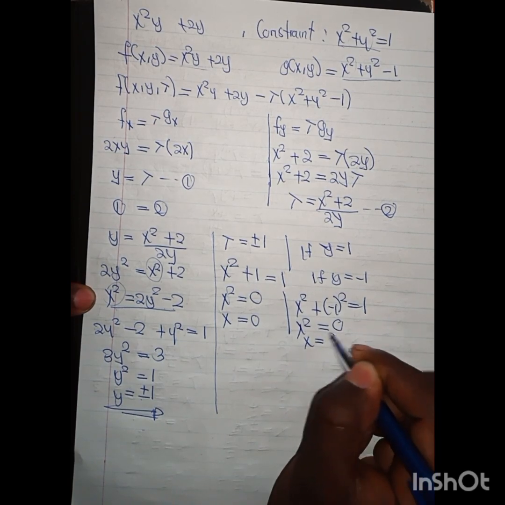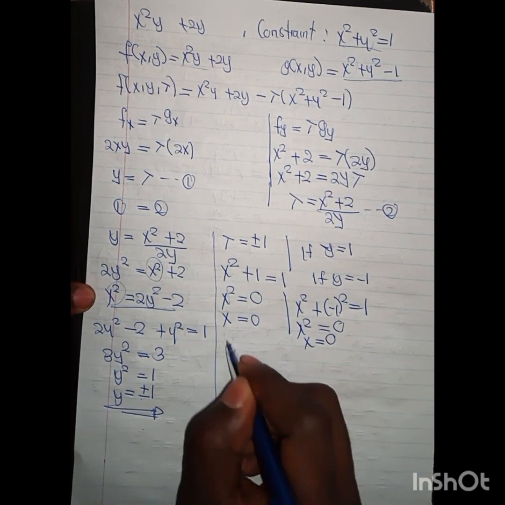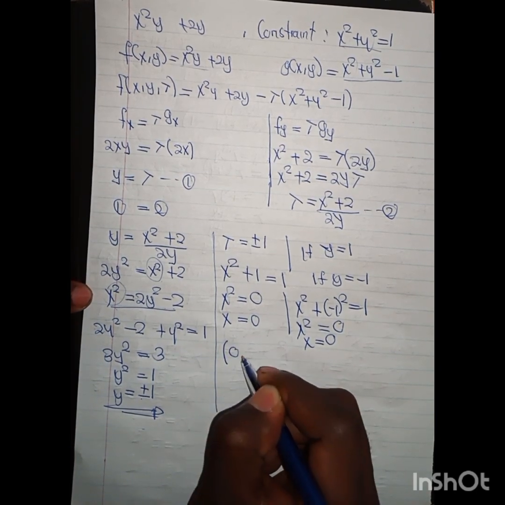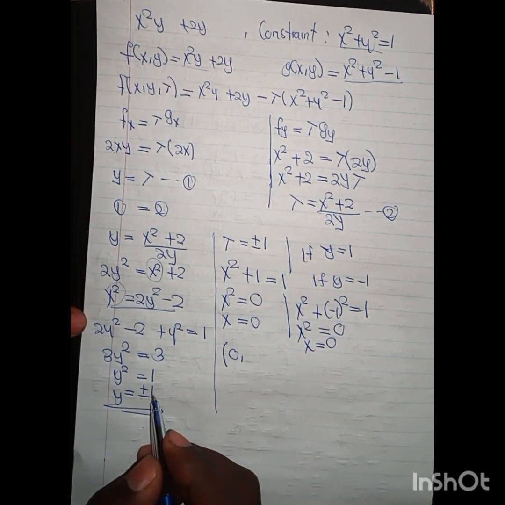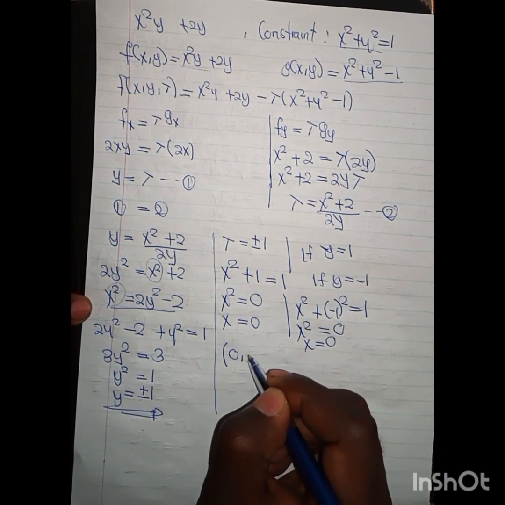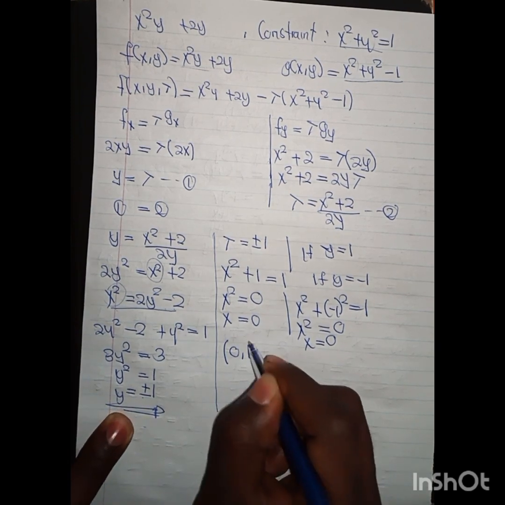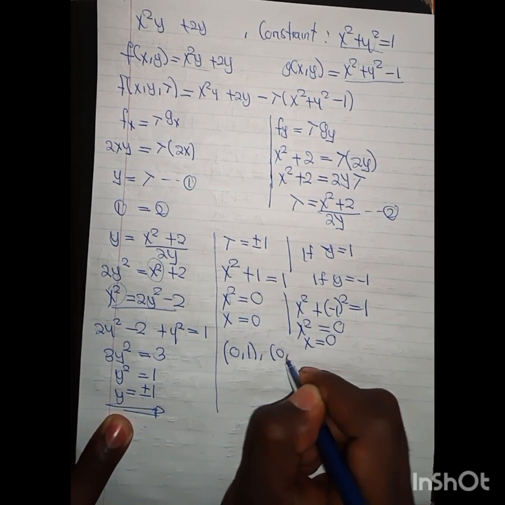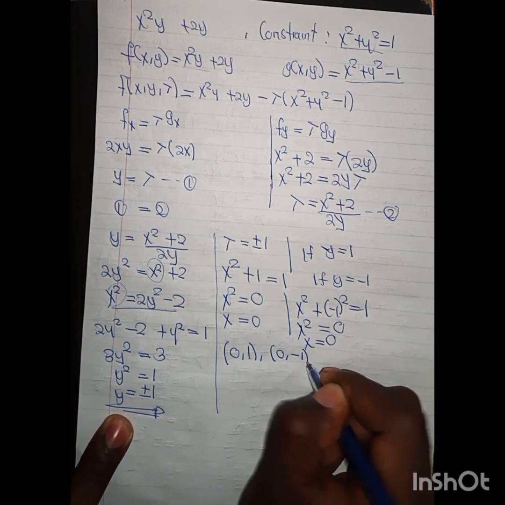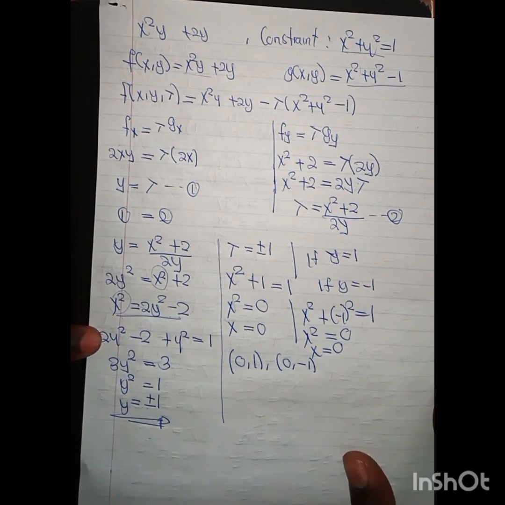So x is also equal to 0. Now I can take the following points. When x is 0, y can be positive 1. And again, when x is 0, y can be negative 1. So these are the 2 points that we have for this equation.